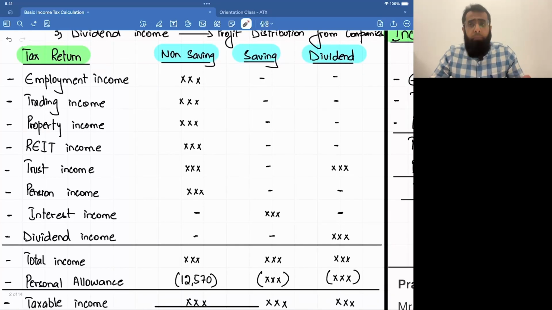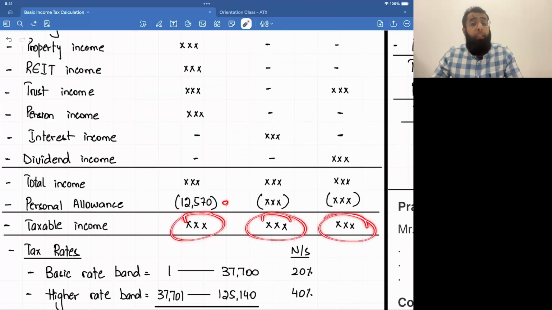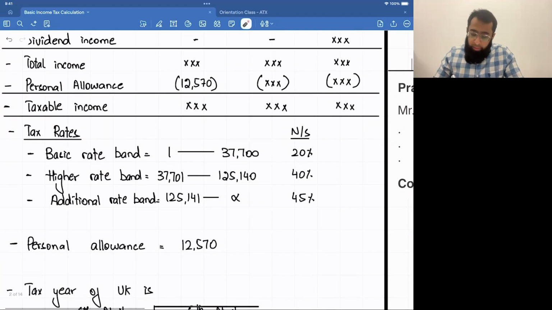We will study them in the next few classes. You deduct your personal allowance to get the value of taxable income. Basic rate band till 37,700, it's 20%. Then from 37,701 to 125,140, it's 40%. And then above that, it's 45%. It's that easy.